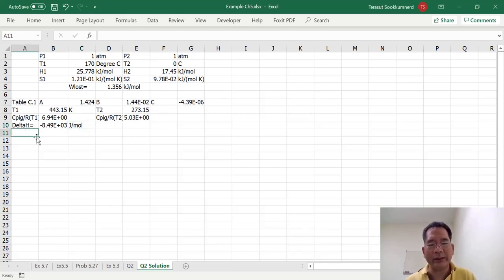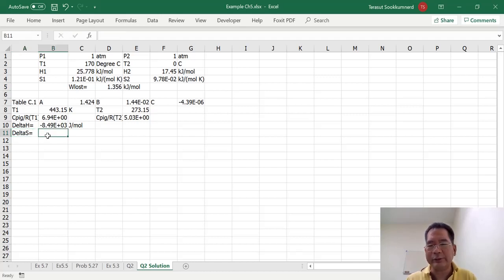And similarly, we can calculate delta S from the integration of CPIG over R dT over T from T1 to T2 minus R natural log P2 over P1, but P2 is equal to 1, P1 is equal to 1, so natural log of 1 becomes 0, and we have only the first term.